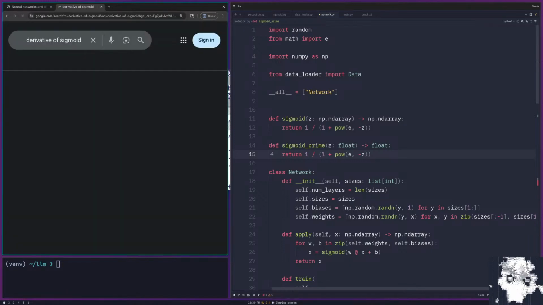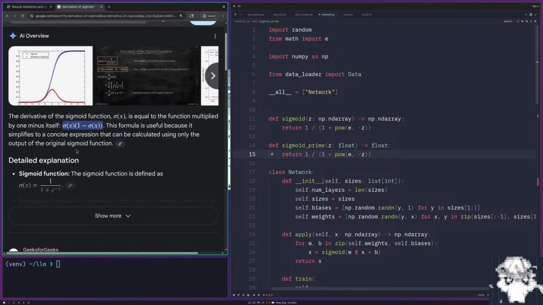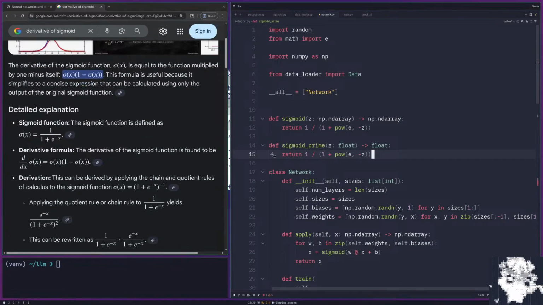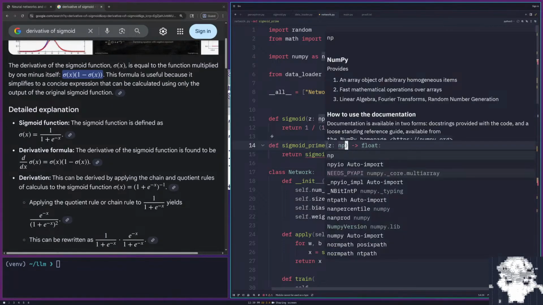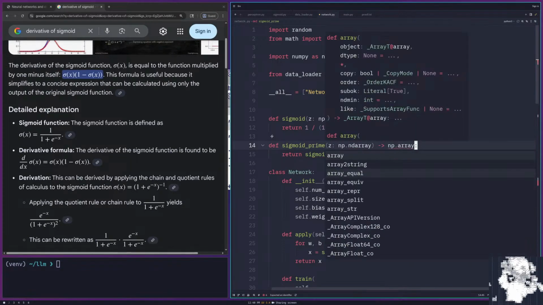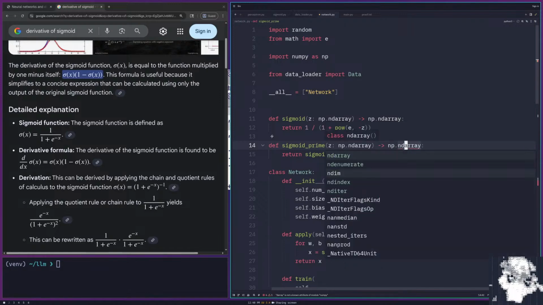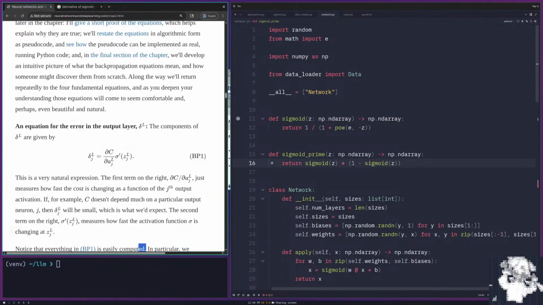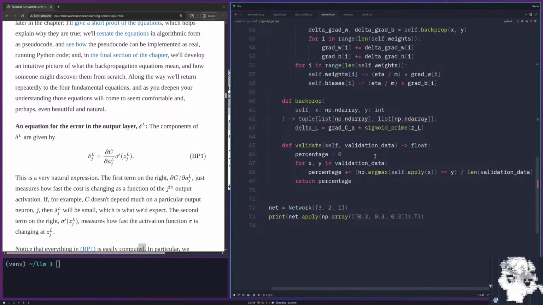Derivative of sigmoid is equal to sigmoid of Z times 1 minus sigmoid of Z. Okay. This should be an np.array because we want to vectorize it. Okay. So sigmoid prime of zL.